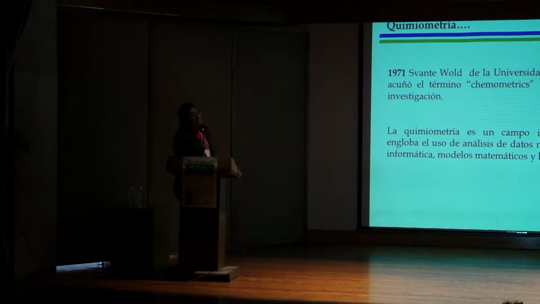And chemometrics is even a term that is older than metabolomics. It is from 1971, from Svante Wold from Sweden. He used it to refer mainly to an interdisciplinary field in chemistry that uses statistics and mathematical models in order to explain and understand information that was given from analytical chemistry.